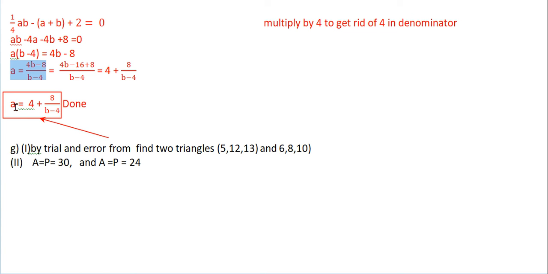Then I tried 6, and these are the 2 triangles that they wanted. As we know, it is easy to find area and perimeter. Area will be equal to perimeter, so we add up the sides and get the area that they want. Video is over.